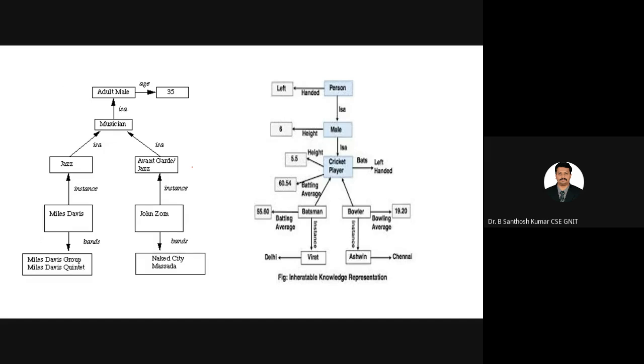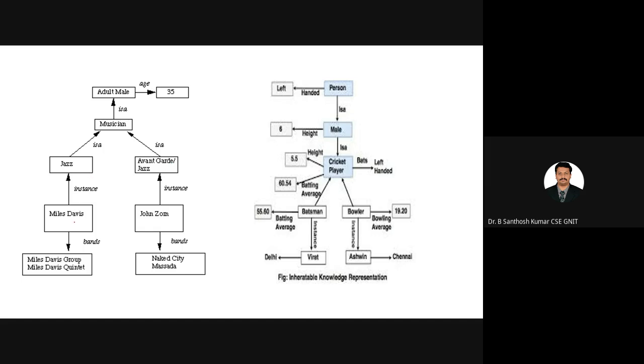Here an example is given. The first is adult male, then musician, jazz, then avant-garde. If you take Miles Davis, his instance is jazz. For John Zorn, the instance is either avant-garde or jazz.